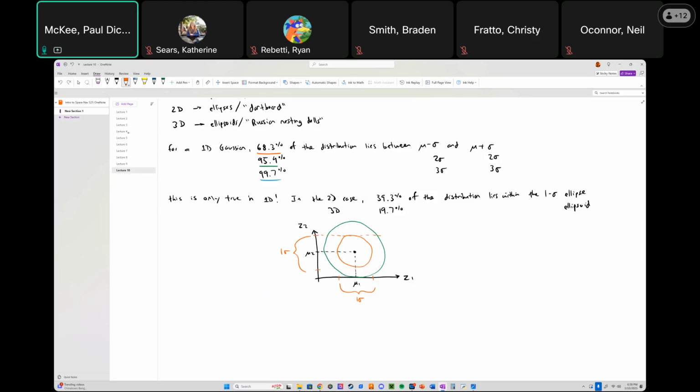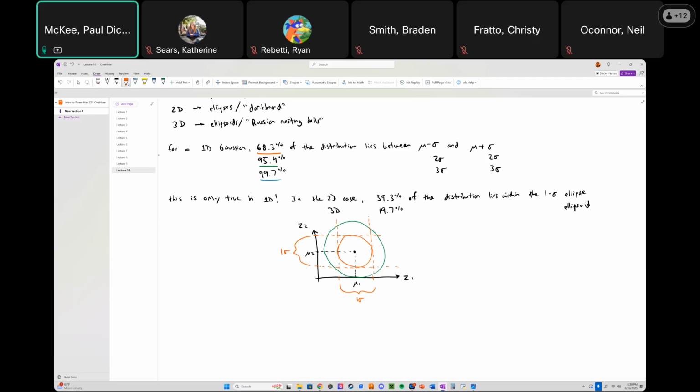Maybe I'll go back and do it this way. You can see how as you get to higher dimensions, less of the distribution is caught within this region.